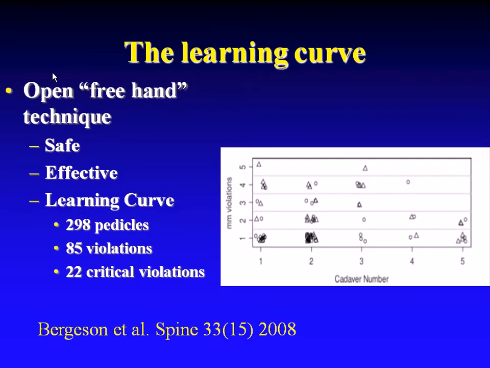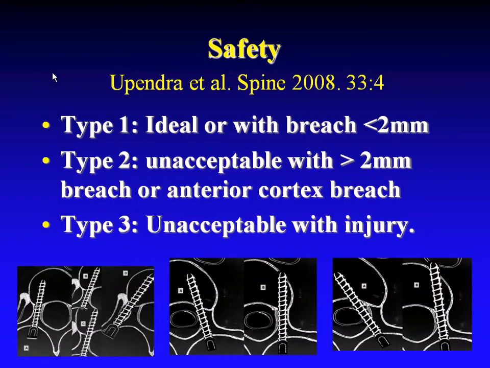And we all know there's a learning curve. As we do more and more of these, we get better and better. And for the younger surgeons in the audience, the residents in particular, begin in a cadaver lab, get very comfortable with this technique in a cadaver lab before, or work with a senior surgeon. There are different definitions for what is acceptable and what isn't.